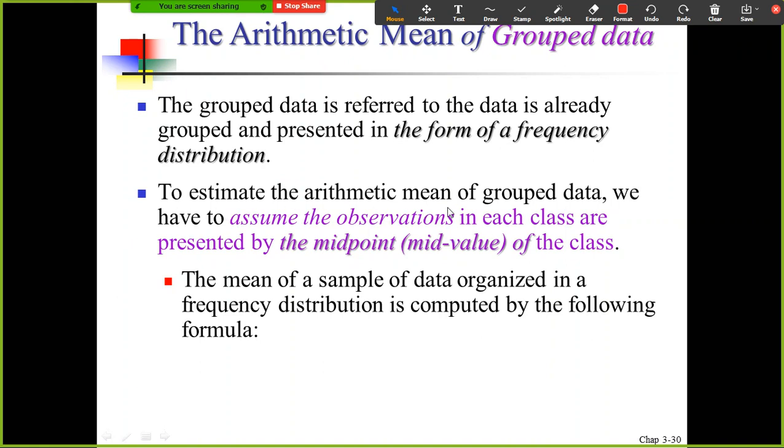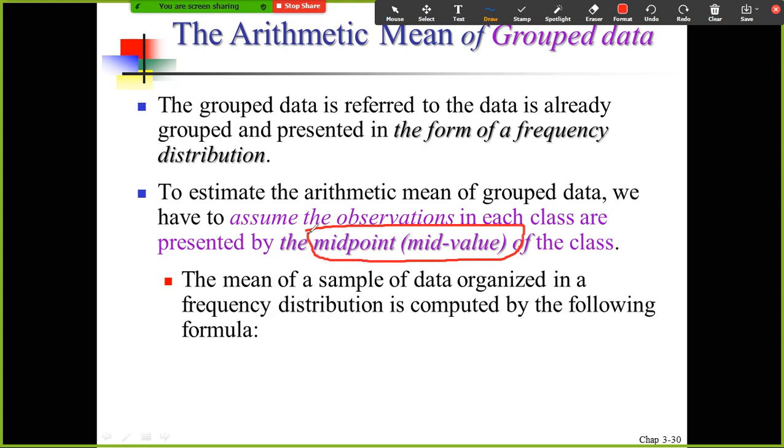To estimate the arithmetic mean of grouped data, we have to assume that the observations in each class are represented by the midpoint, the midpoint value of each class, or class mark. Remember that: class mark or class midpoint. So if you have a frequency distribution table, you need to find one column, and that column is the midpoint.